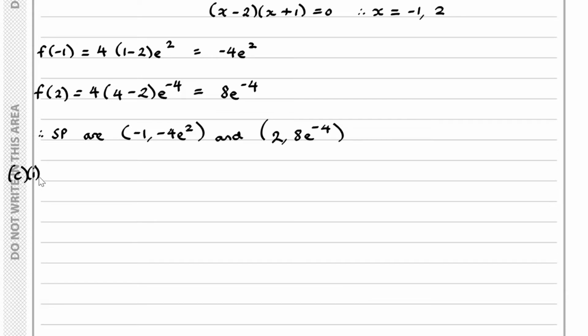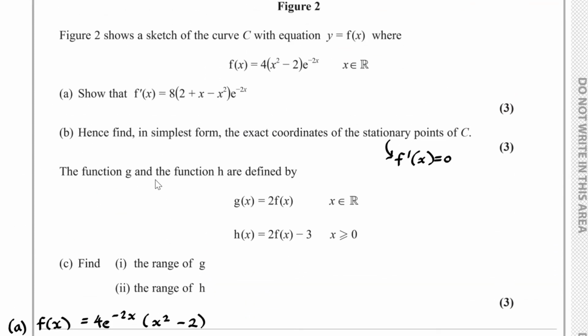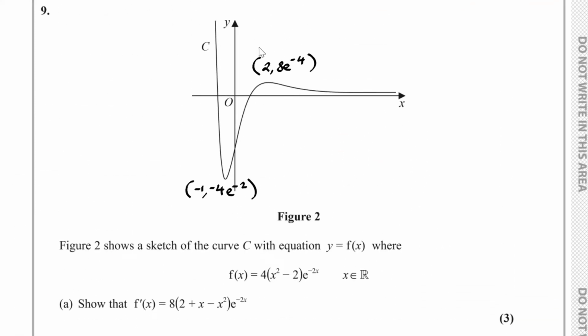So for the first part of part C, we've got g of x, which is equal to 2 times by f of x. And if you go back to what f of x is, if we multiply what we have over here by 2, because we have 2 lots of f of x, from that we can determine what the range is.